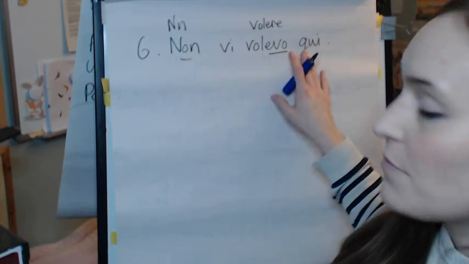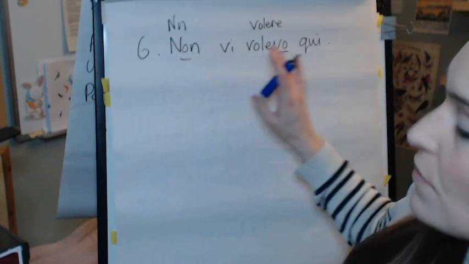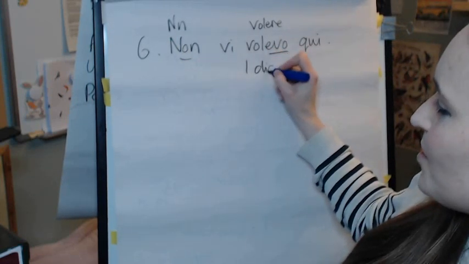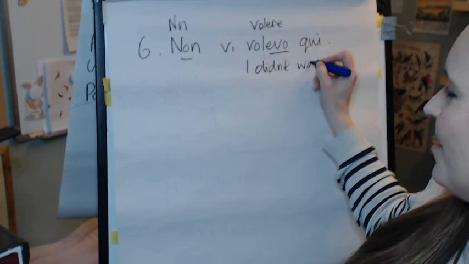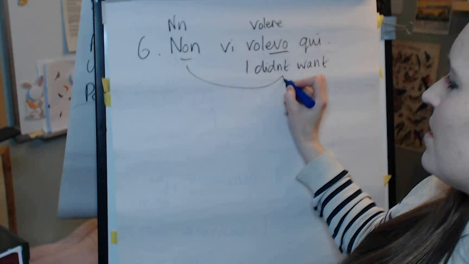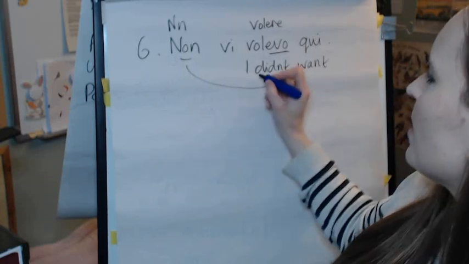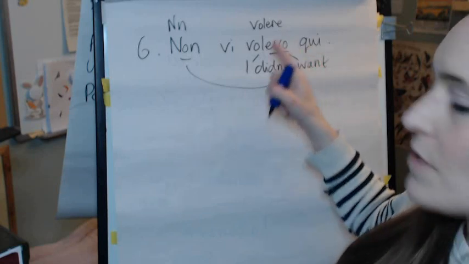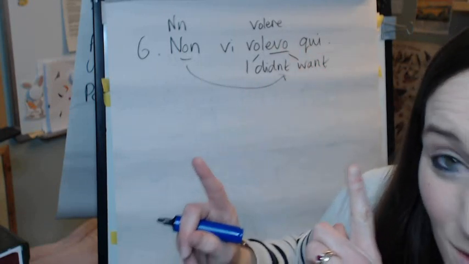But here it's followed by qui. Non vi volevo qui. That means I didn't want. There's the negative non. That's the did not part. That's the I didn't want part. In one short little word, it's quite useful.